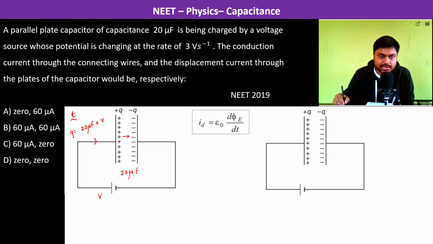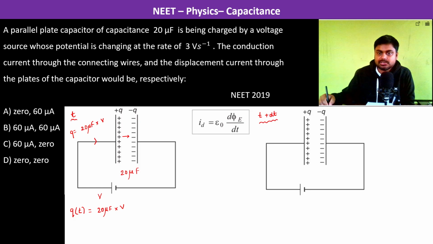Okay, so charge at time t is 20 microfarads into V.